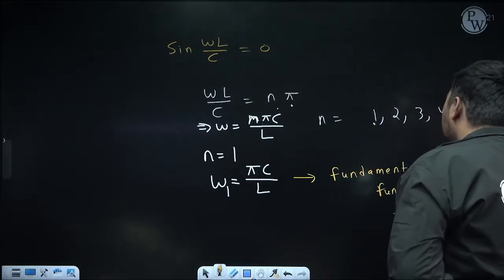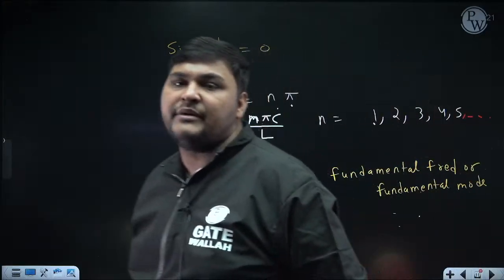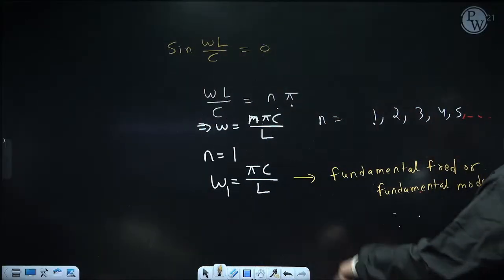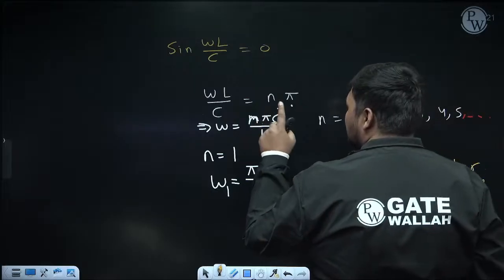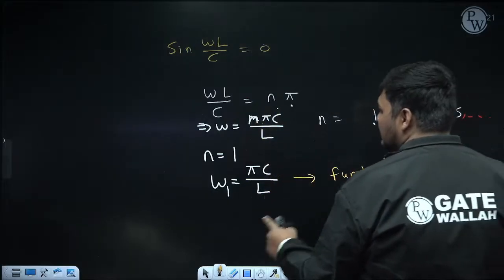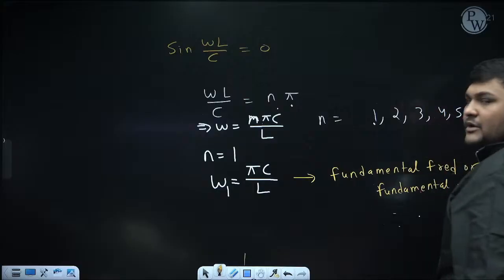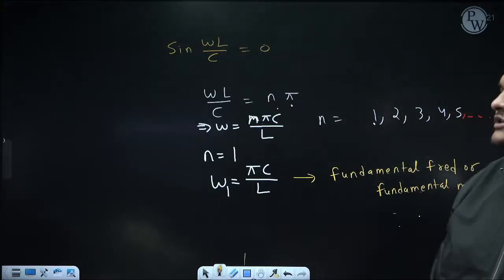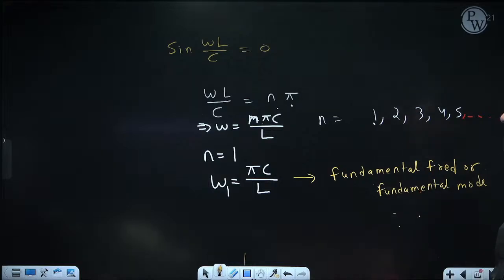So if the examiner asks, in a fixed connection in transverse vibration of a string, what is the fundamental frequency? It is the frequency I get by putting n equal to 1, because the first non-zero frequency is known as the fundamental frequency. Sometimes the examiner can ask what the fundamental frequency is.